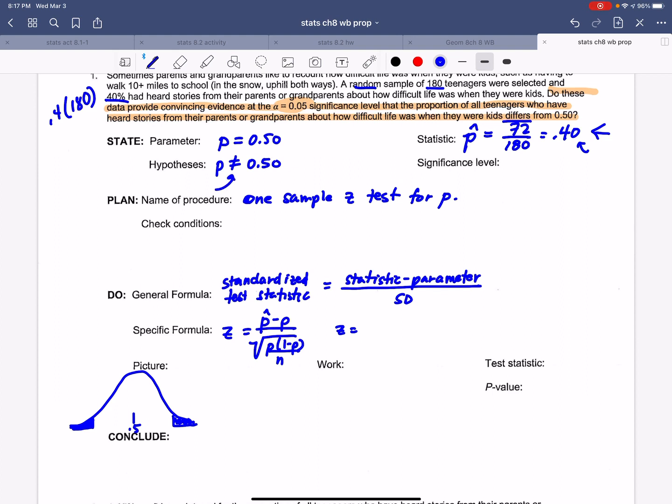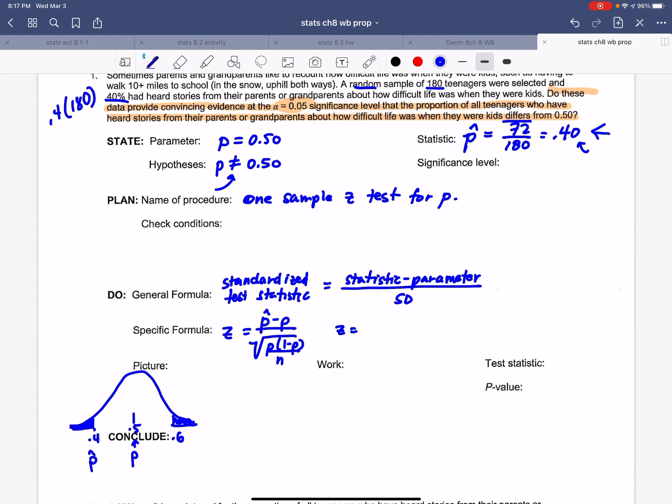Because this is not a greater than or less than sign, it's a not equal to. And we know our test statistic, right, our p-hat. This is our p, right? Our p-hat is 0.4. So that would mean this other side would be at least as extreme on the upside.